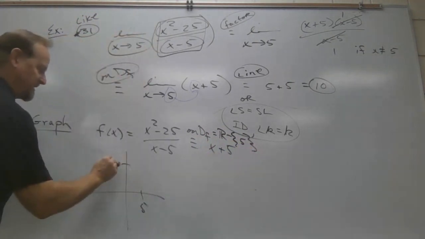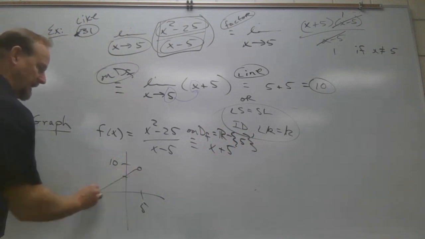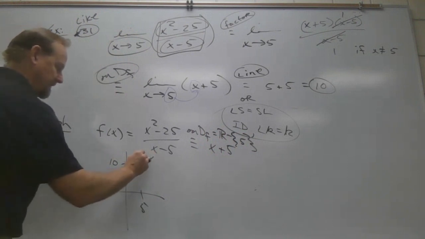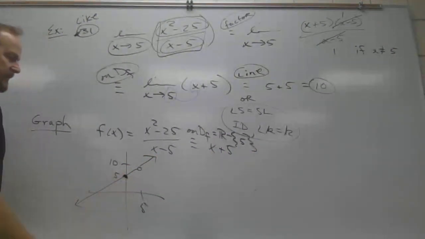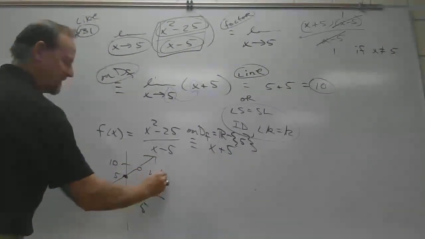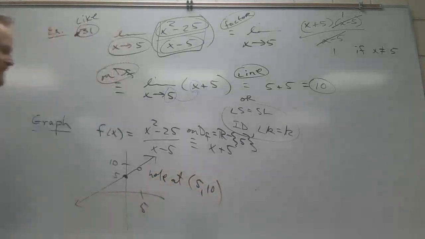So over at 5 and up at 10, I have a what? I have a hole, and (0, 5) is on my graph, right? That's my y-intercept there, but I have a hole at (5, 10). Because I would have hit a height of 10. So 10 is my limit, but I'm not defined there. I'm not defined at x equals 5, right?